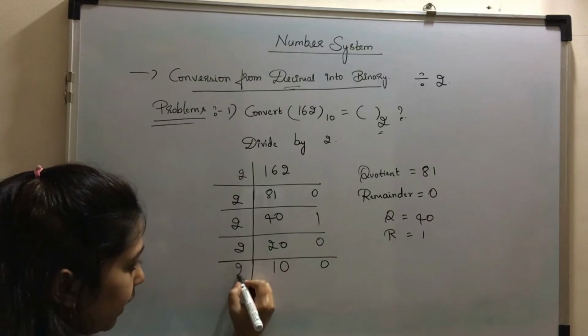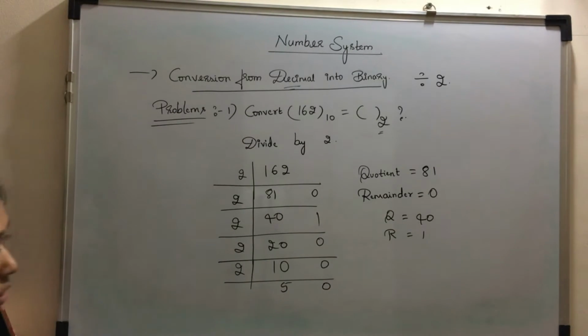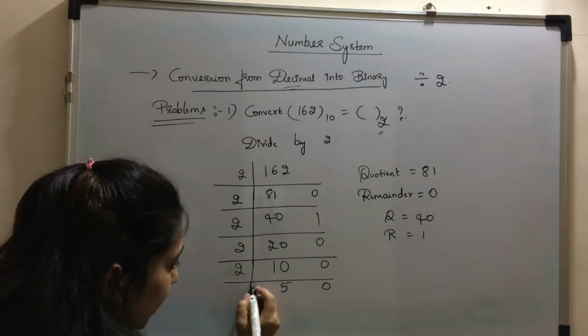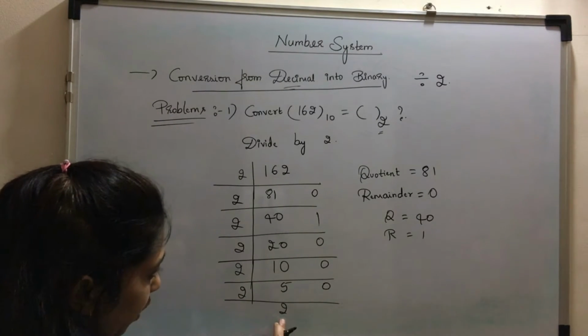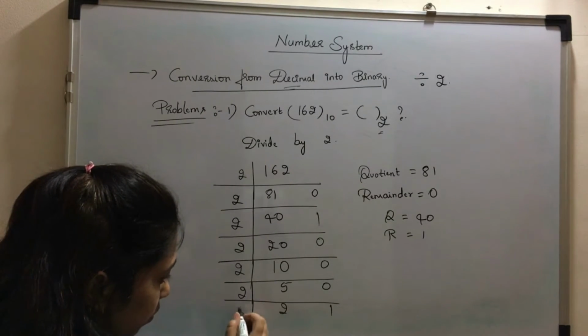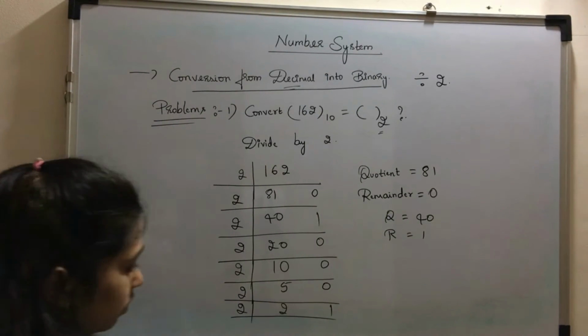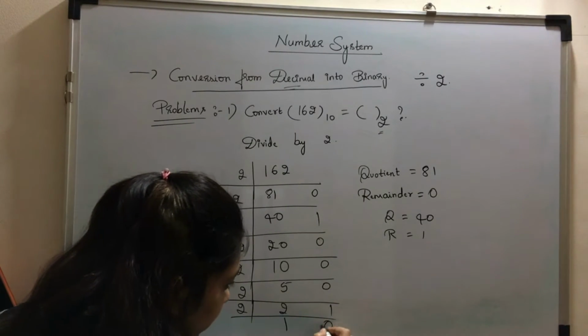Again divide this 10 by 2. The quotient is 5 and remainder is 0. Now again divide this 5 by 2. The quotient is 2, 2 2s are 4 and the remainder is 1. Now divide this 2 by 2. That is 2 1s are 2. Quotient is 1 and remainder is 0.